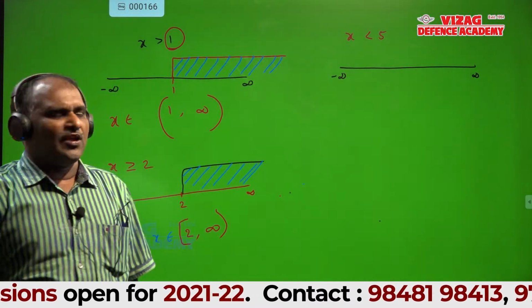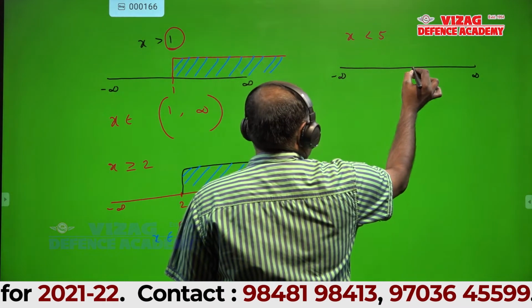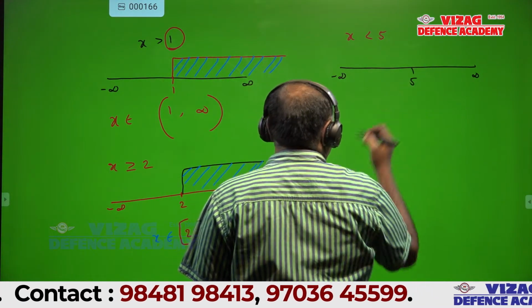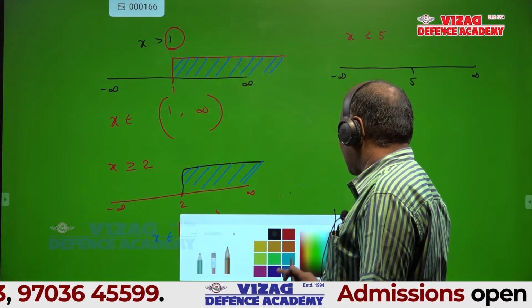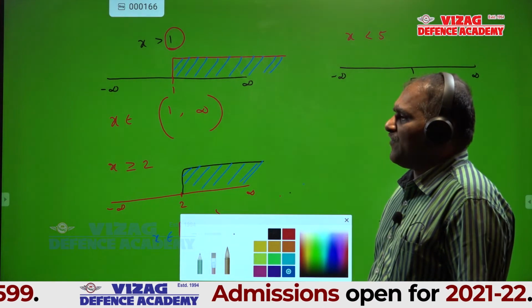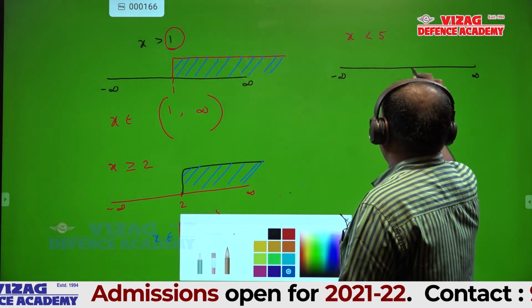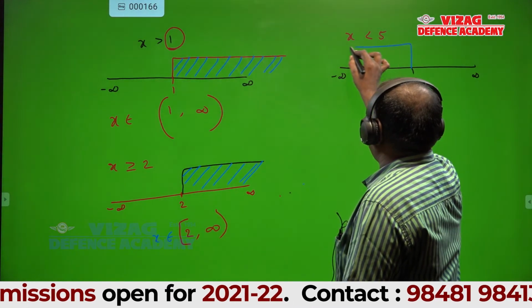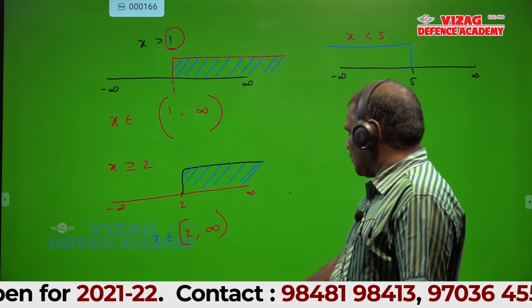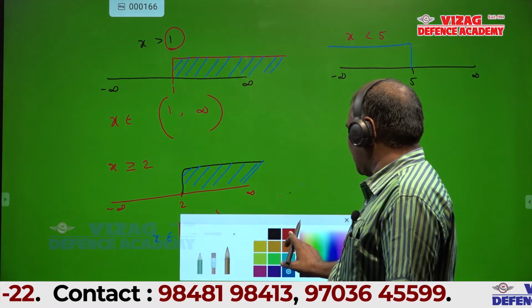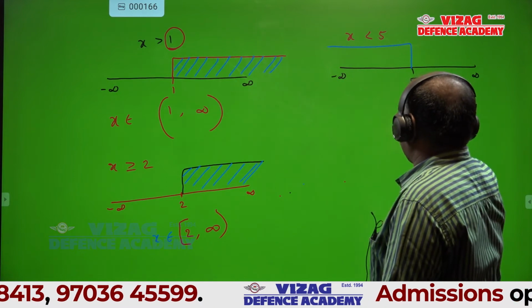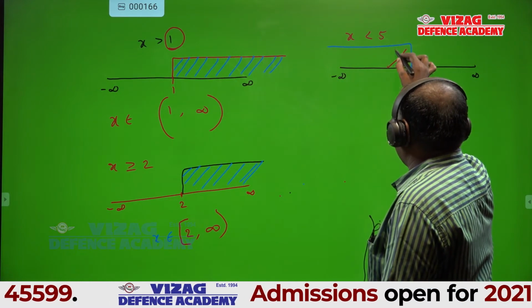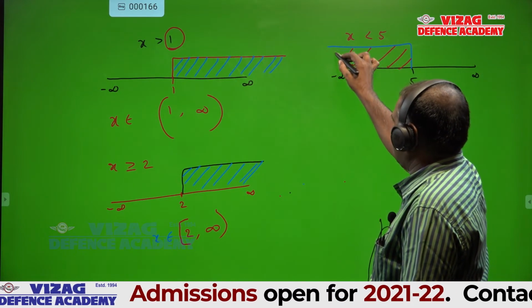What is that number? 5. We indicate 5. Is it less than or greater than? Less than. If less than is there, we draw on the left hand side. By observation, this is the region.